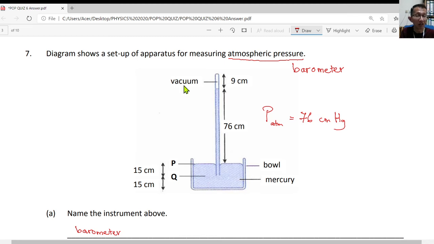So the pressure must be approximately 0, right? So nothing is pressing the mercury going down. Okay, so nothing is pressing the mercury here to go down. But if I have something else here, take for example in the question it says replace this vacuum with water vapor.